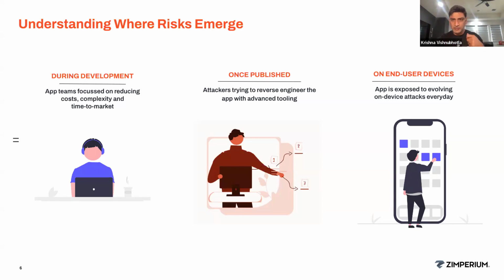And that's why when we think of visibility, we put it in these three buckets. Developers are introducing risks. There's a threat actor, a reverse engineer who's looking to reverse the app and learn something. And then you have the end user who's inadvertently exposing your app to the elements, right? A lot of times they don't understand the implications of some of the things they do on their phone.